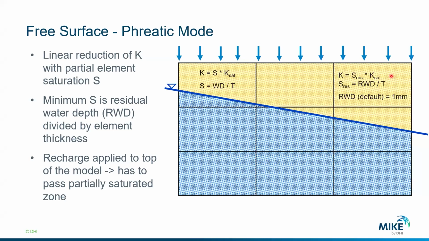As happens in nature, there is a minimum, a residual saturation. In FEFLOW it's called residual water depth. This residual water depth is assumed to be 1 millimeter by default, but can be changed by the user. So FEFLOW will calculate a residual saturation, RWD divided by the thickness of the element, and this will be used to calculate the minimum hydraulic conductivity.